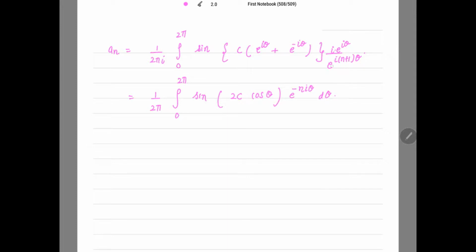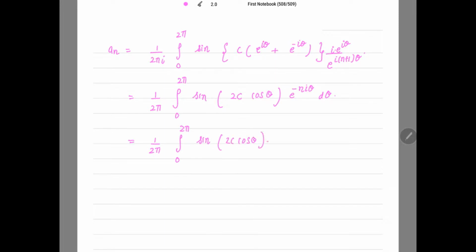In the denominator I am having e to the power i n theta and e to the power i theta, that is cancelled, and e to the power i n theta goes to the numerator and the sign gets changed. And e to the power i theta plus e to the power minus i theta over 2 is equal to cos theta, so I write 2c cos theta instead. This is your formula, which is equal to 1 over 2 pi integral 0 to 2 pi of sin of 2c cos theta.